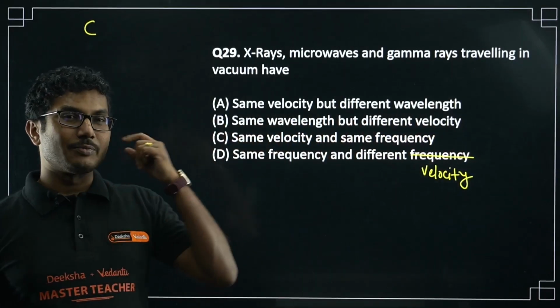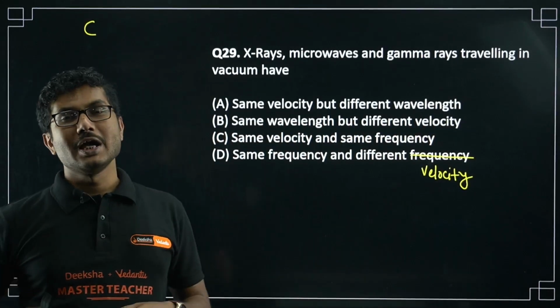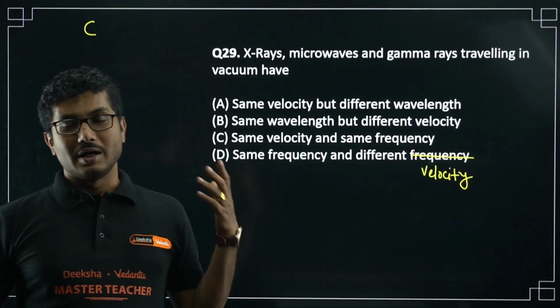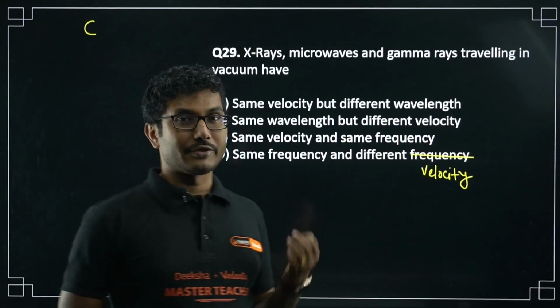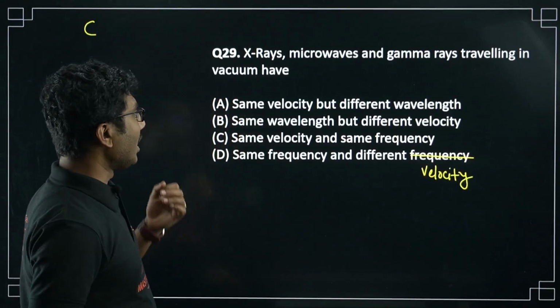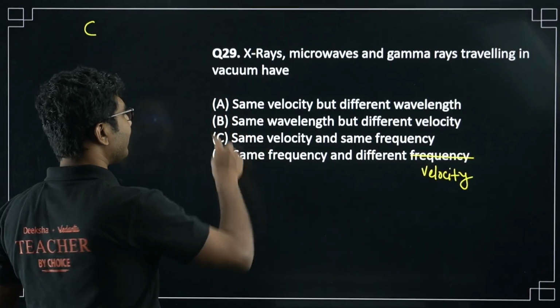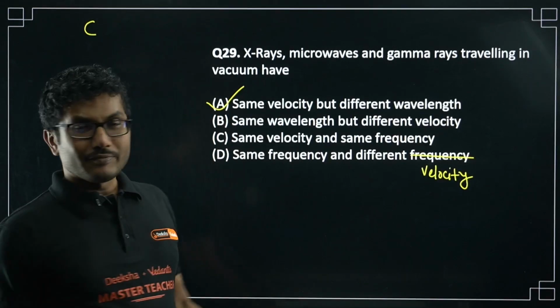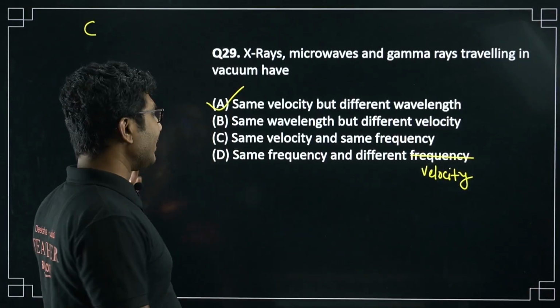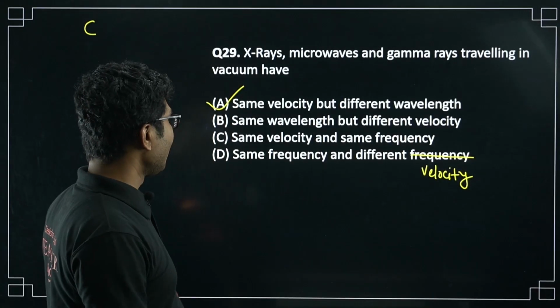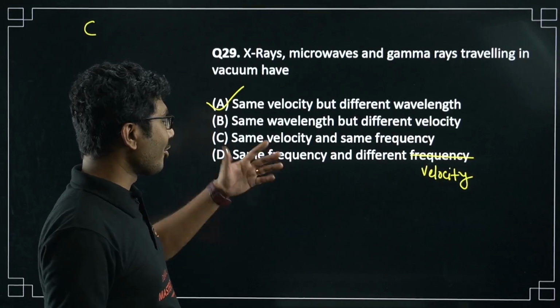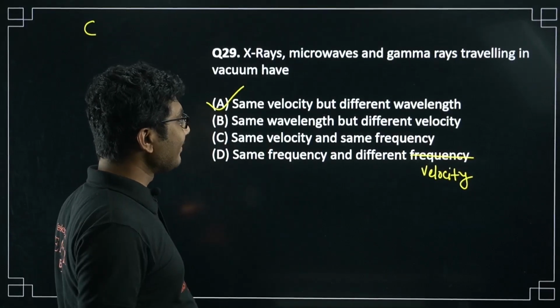Gamma ray has smallest wavelength, highest frequency. Radio waves have highest wavelength, smallest frequency. So the answer is same velocity but different wavelength, or same velocity but different frequency. So that combination is fortunately not given here.